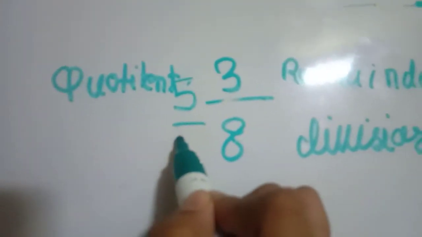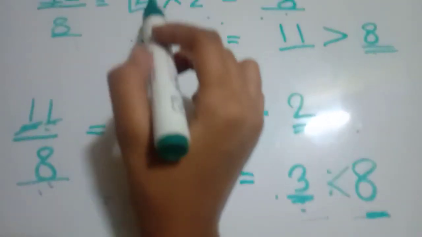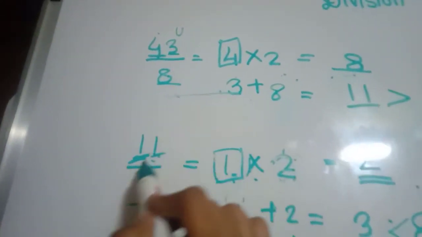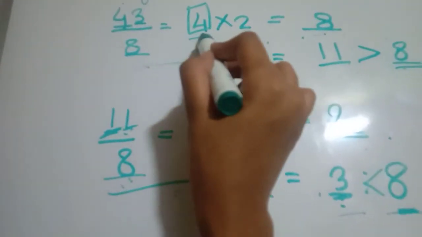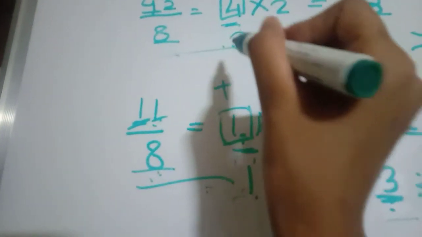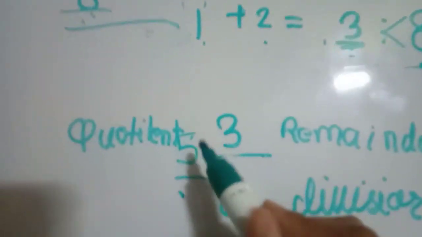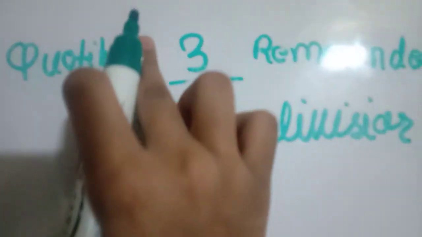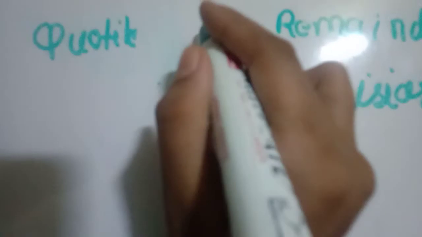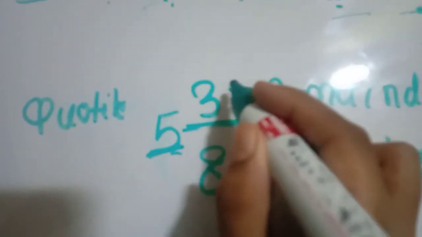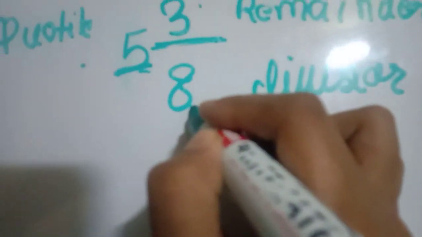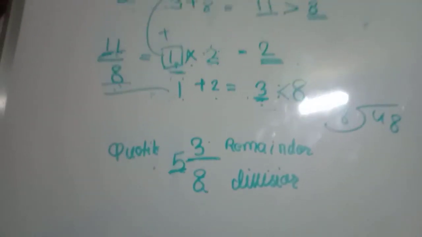Then the question is, how do we get 5? We get the 5 from this projection we have done. In the first there is 4 and then 1, so 4 plus 1 we get 5. So now 5 is the quotient, 3 the remainder, and 8 the divisor. Thank you.